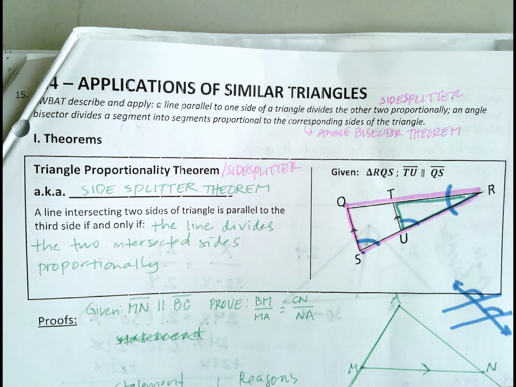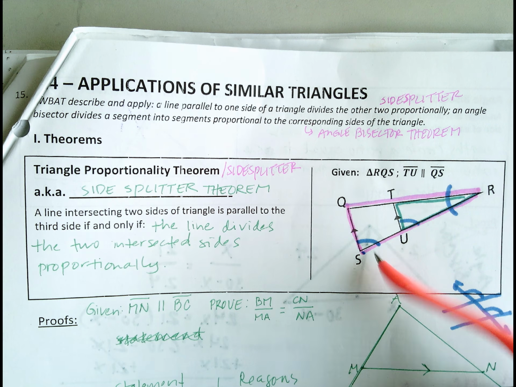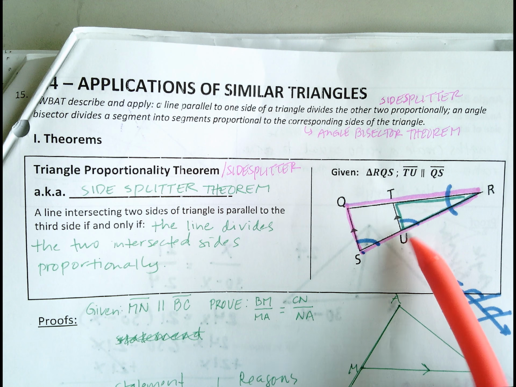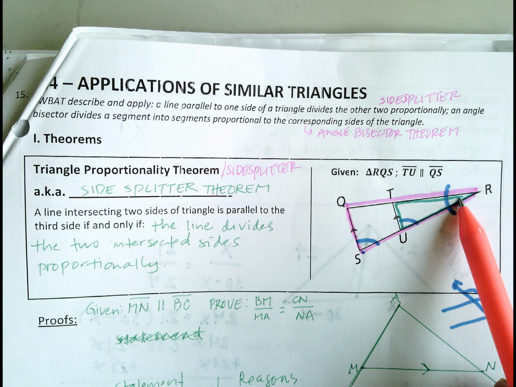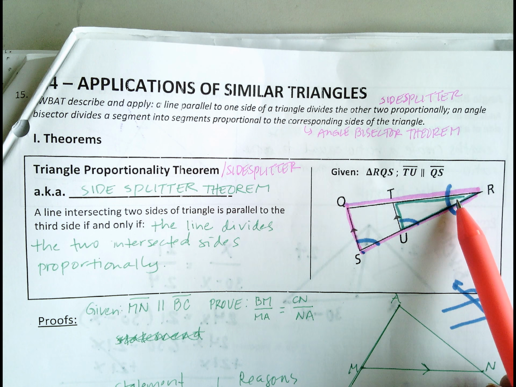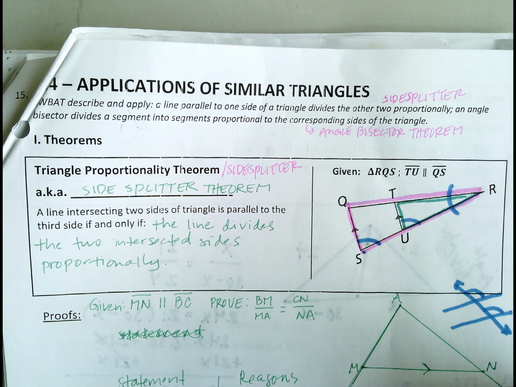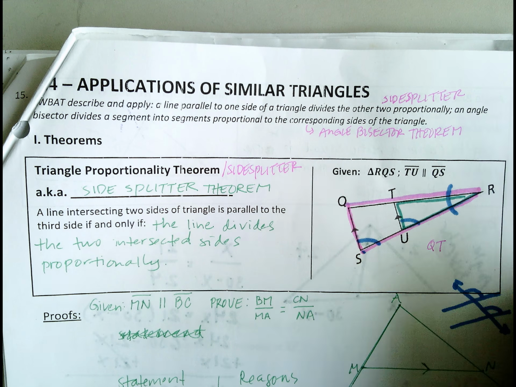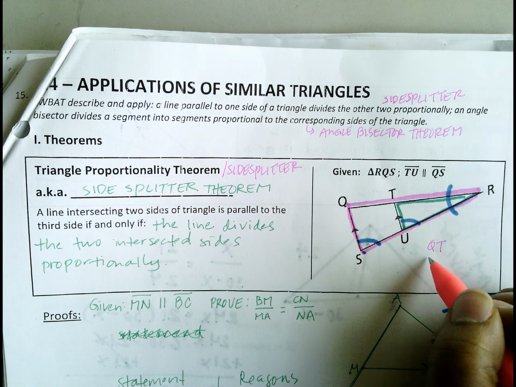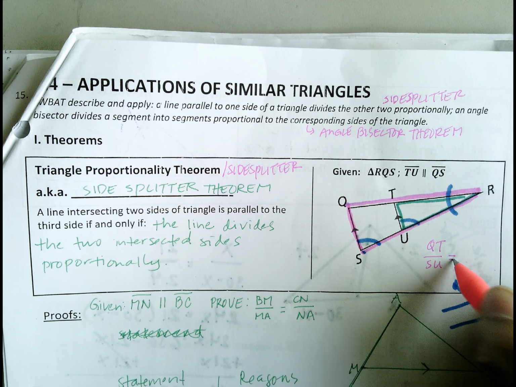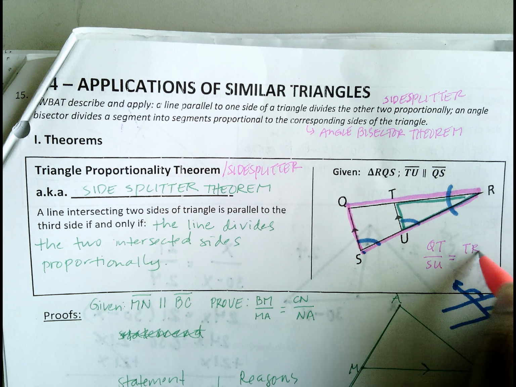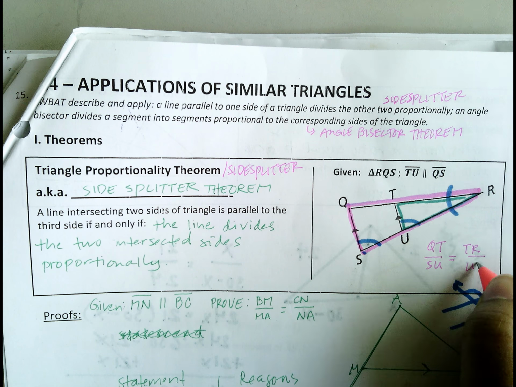Okay, so looking at the fact that they're embedded triangles, these two are parallel to each other, creating these corresponding angles, and by the reflexive property, meaning a shared side or a shared angle, in this case a shared angle, then we have proportional sides. Specifically, the sides that are proportional to each other are side QT is proportional to SU, and then TR is proportional to UR.